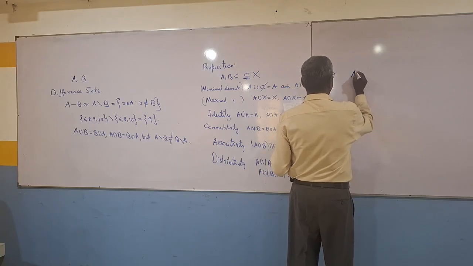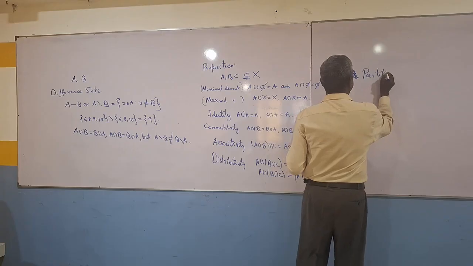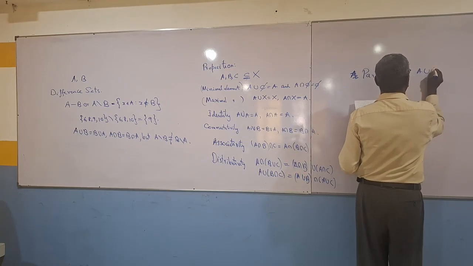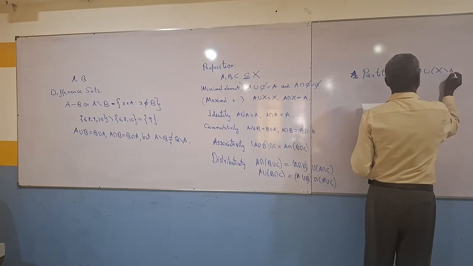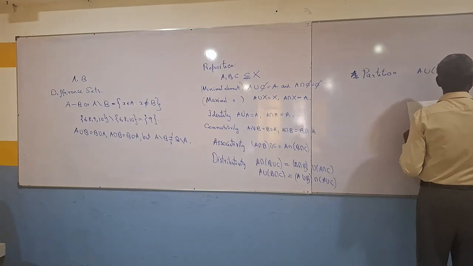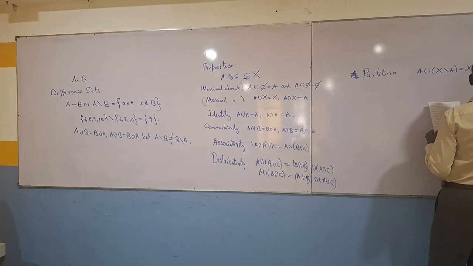This is partition: A union (X minus A) is X, and A intersection (X minus A) is empty.